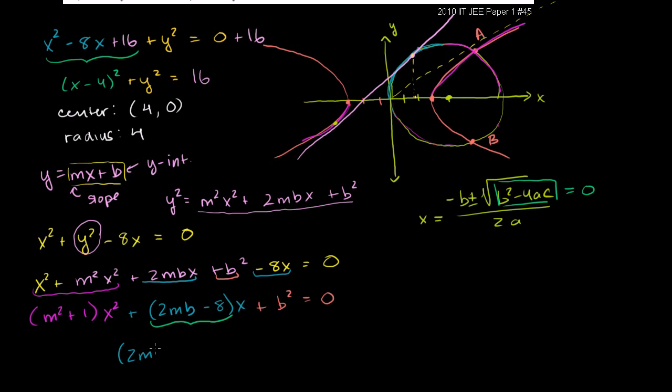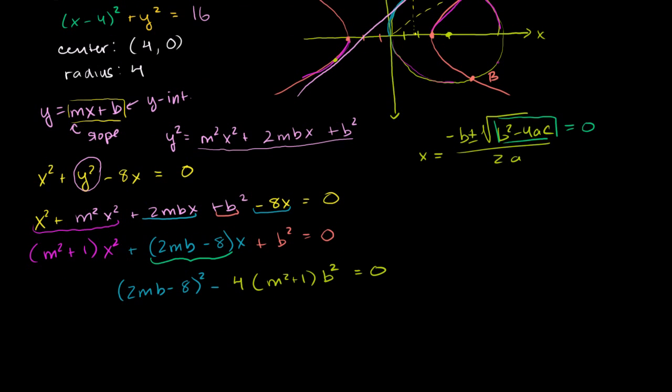So we have 2mb minus 8 squared, and then minus 4 times a, which is m squared plus 1, times c, which is b squared. And this is going to have to be equal to 0 if this is truly a tangent line.